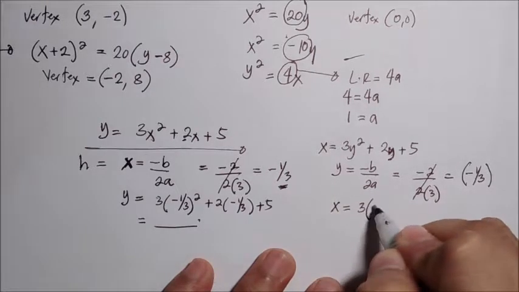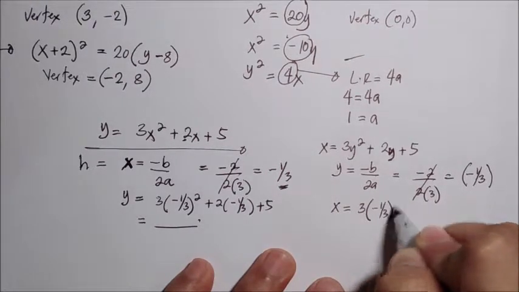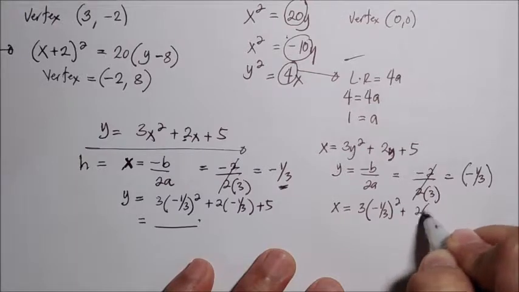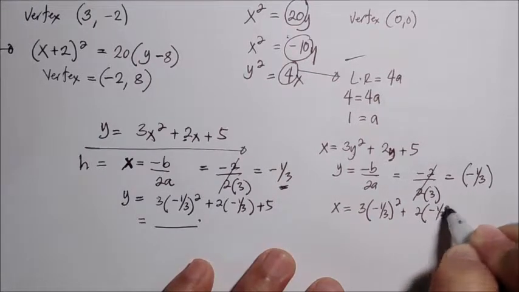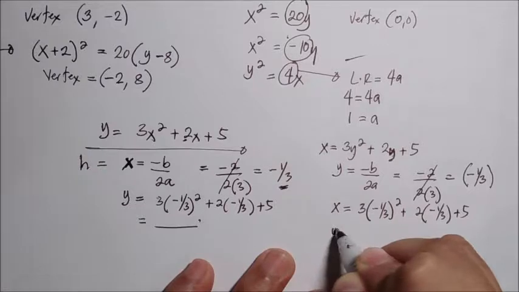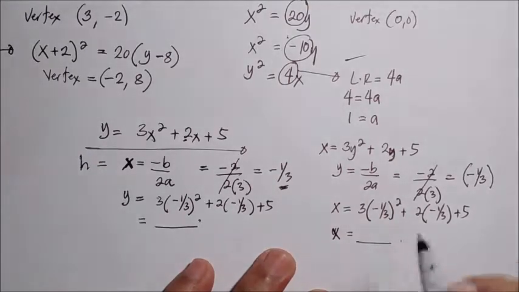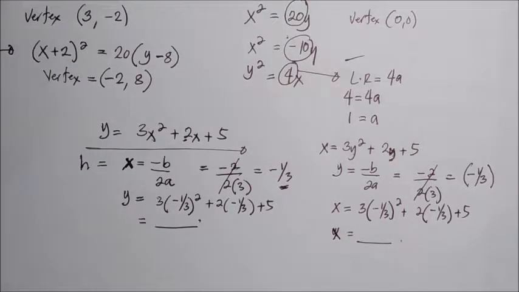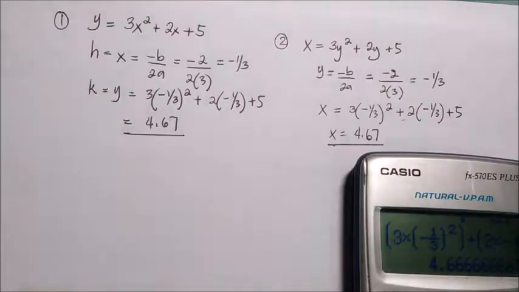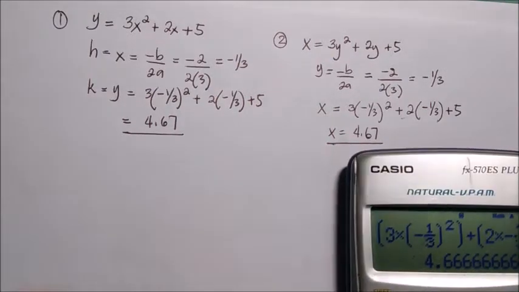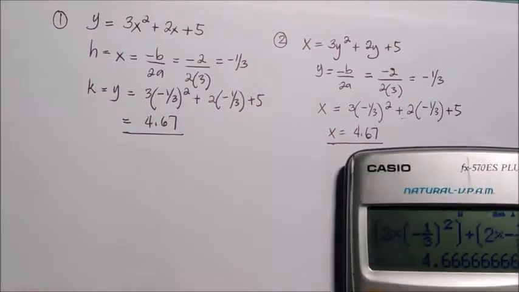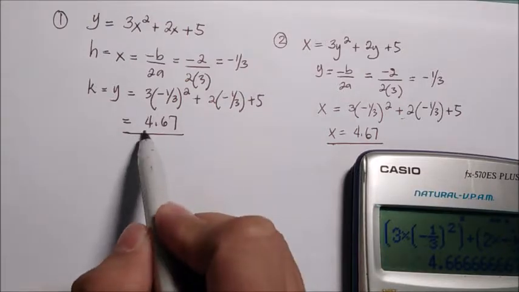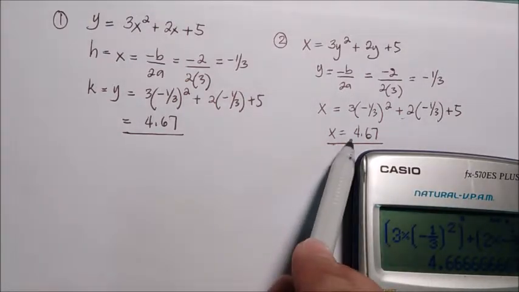So 3 times negative 1/3 squared plus 2 times negative 1/3 plus 5, that's the value of your x coordinate. So these are the different ways to find the vertex of a parabola. By computing in the calculator, we got 4.67 as the value of k, and the value of x is 4.67.